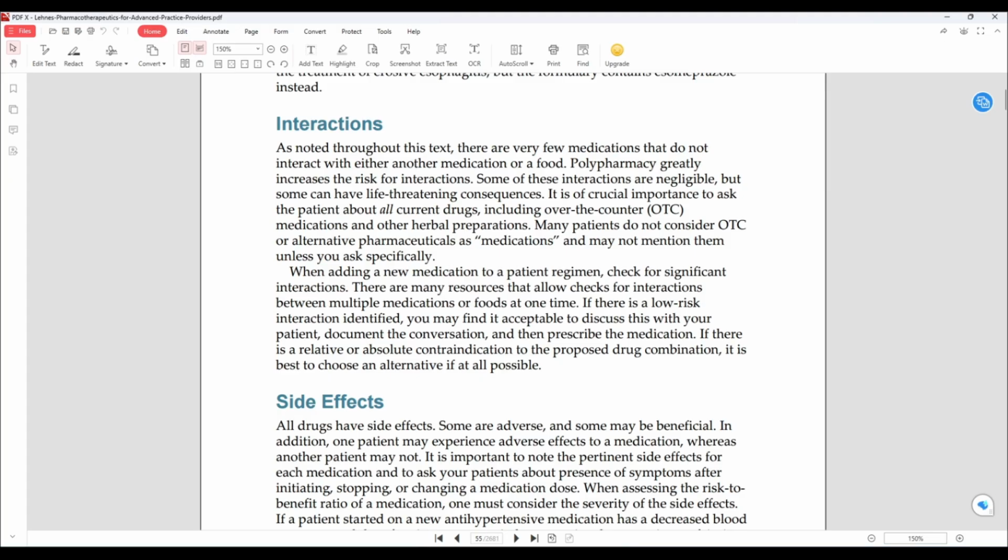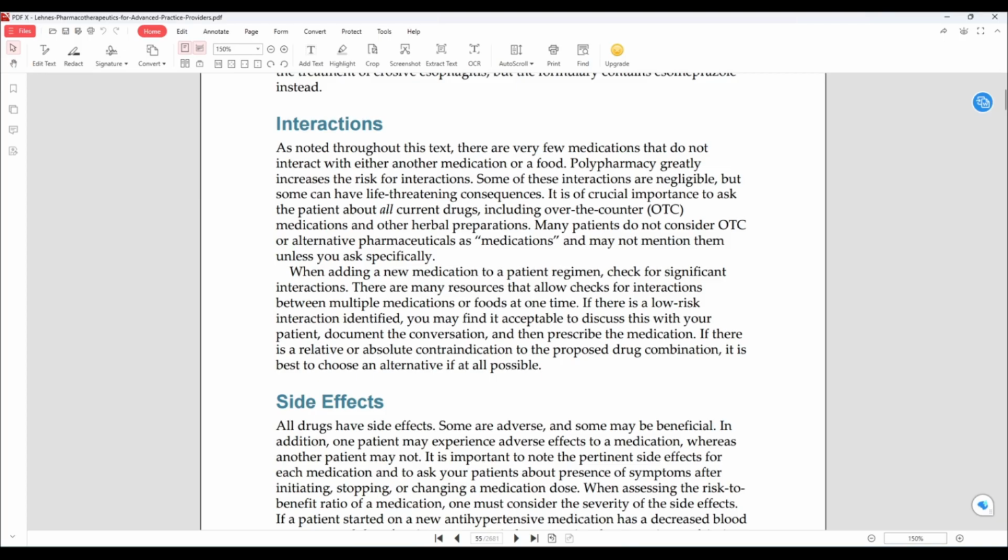Some of these interactions are negligible, but some can have life-threatening consequences. It is of crucial importance to ask the patient about all current drugs, including over-the-counter medications and other herbal preparations. Many patients do not consider over-the-counter or alternative pharmaceuticals as medications and may not mention them unless you ask specifically.